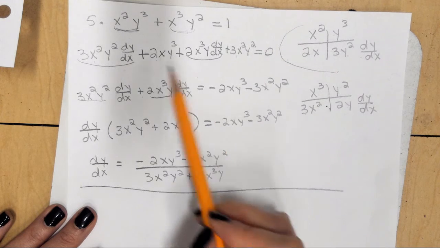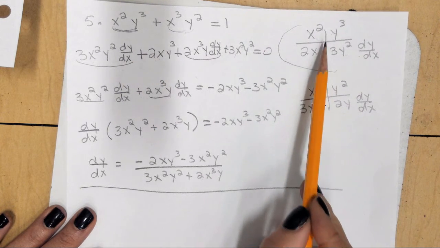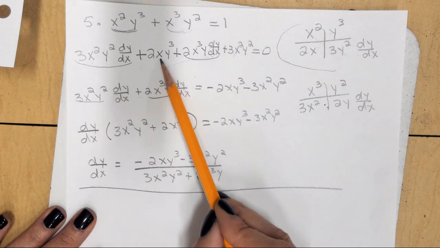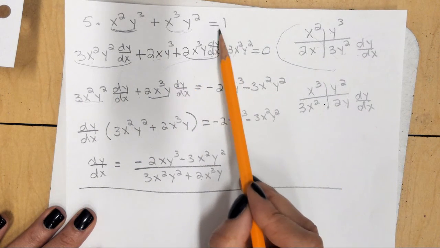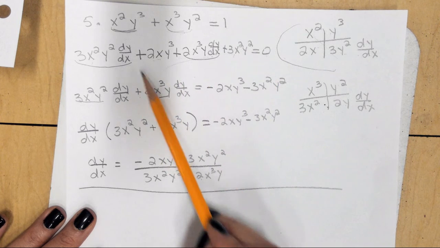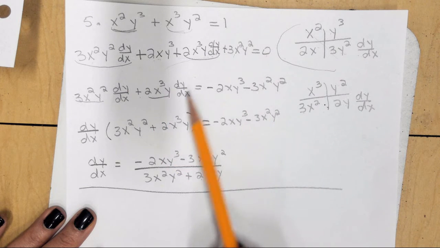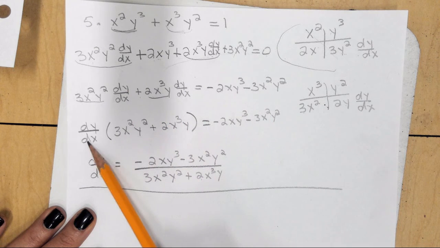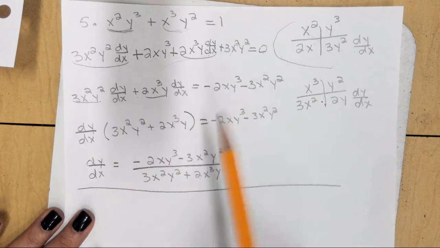So just to recap, if you have products, do the products on the side. Multiply plus multiply, put that in. This product I did here, put that here. Derivative of 1 is 0. Then I kept my dy dx's on the left. I moved these guys over to the right. I factored out my dy dx, and then I divided this over.